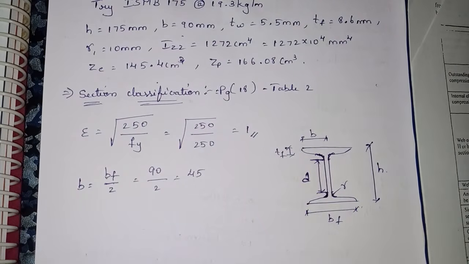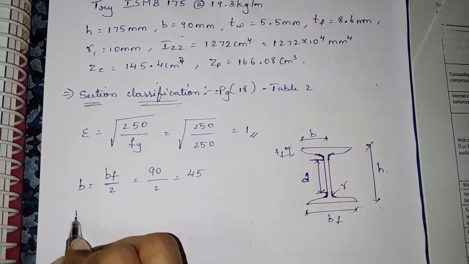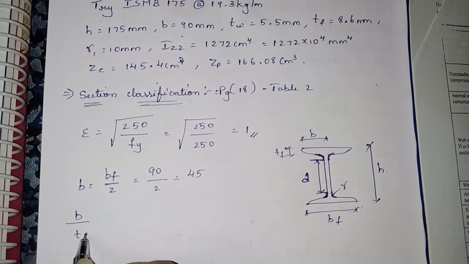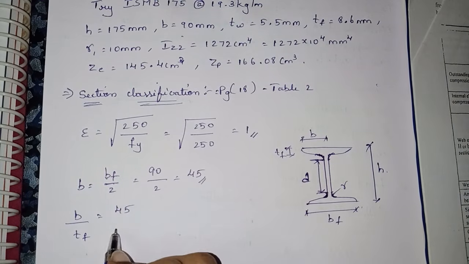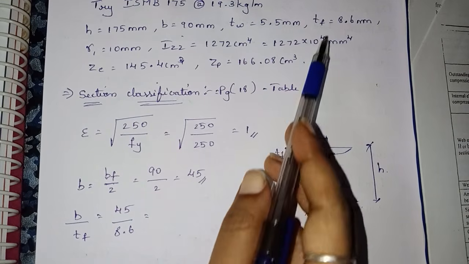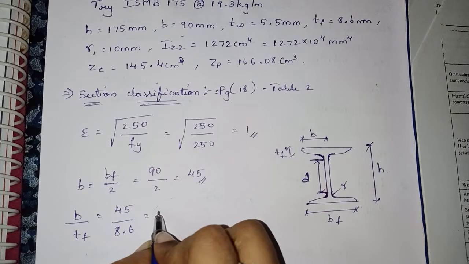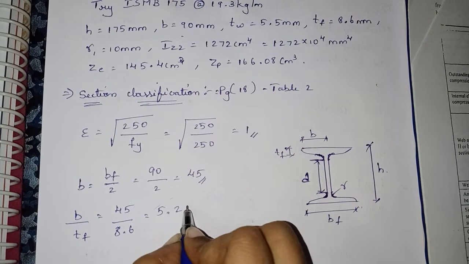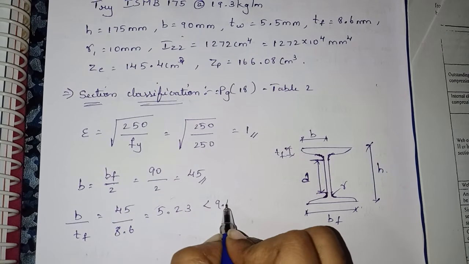So now we have got b. b divided by thickness of the flange: b is 45, and 45 divided by the thickness of the flange, 8.6, which you will get in the steel table, comes to around 5.23, and again it is lesser than 9.4.